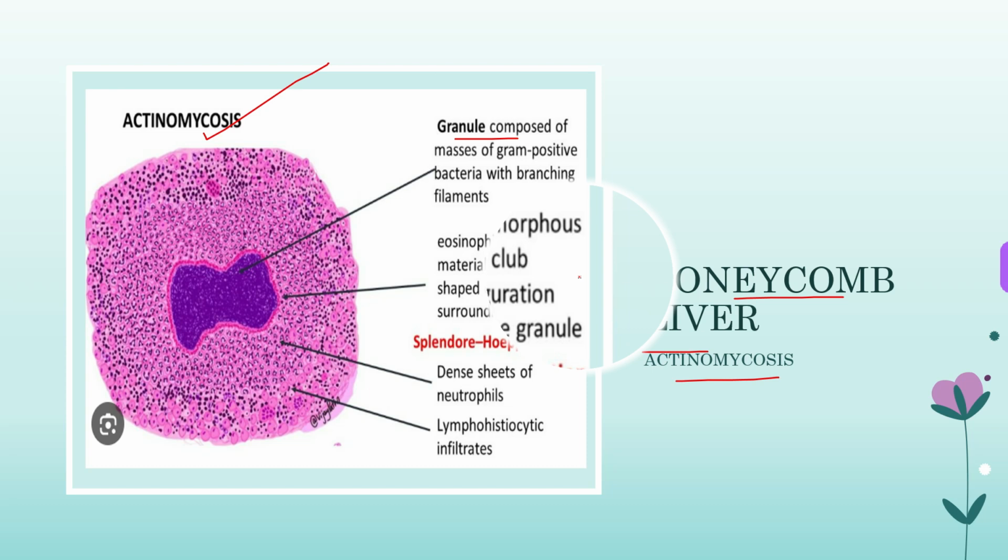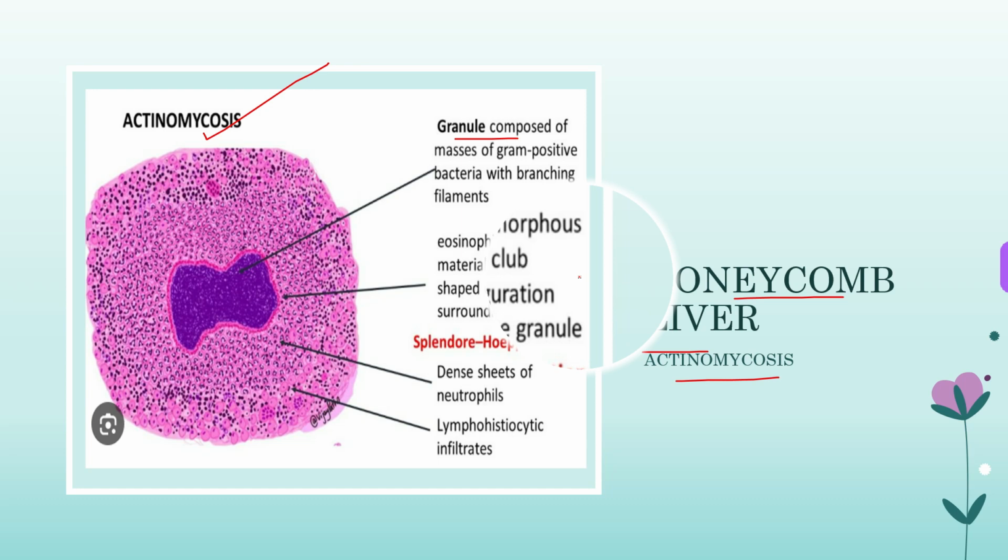There is a discharge of sulfur granules, and sometimes the infection spreads to the liver by the portal vein, producing honeycomb liver. So make it very clear, honeycomb lung is seen in asbestosis and honeycomb liver is seen in actinomycosis.